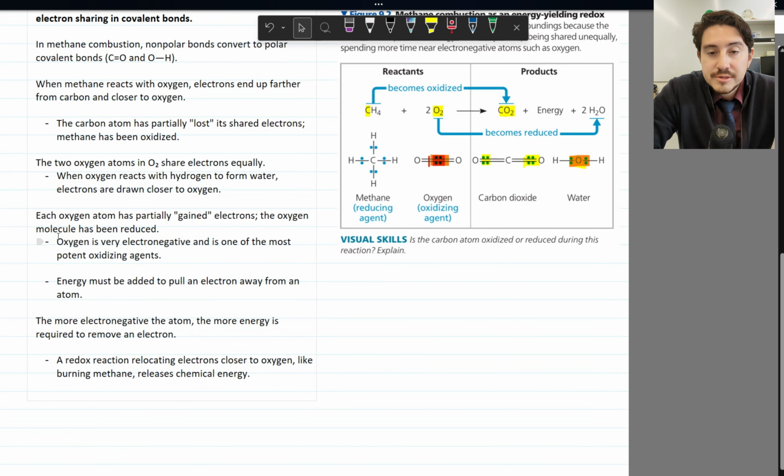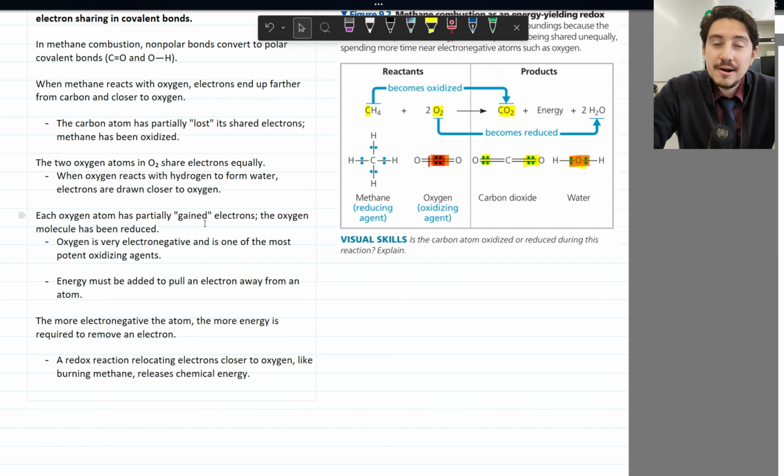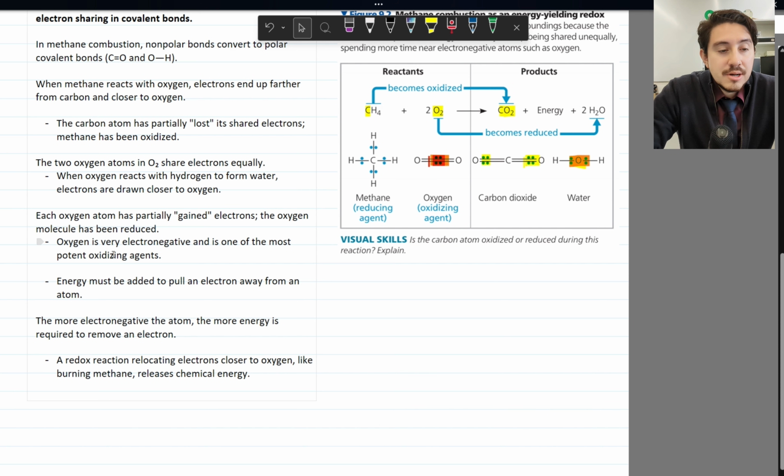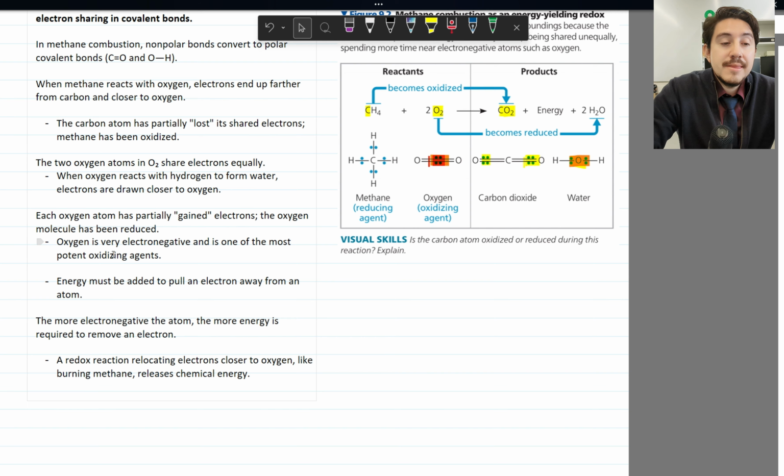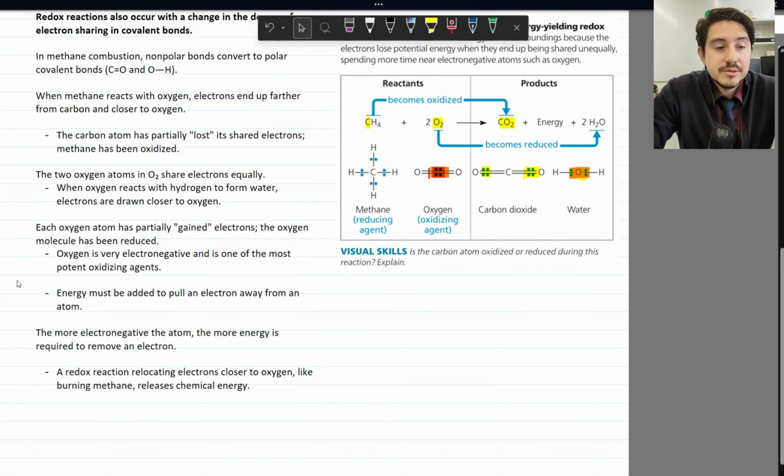So you have these two situations occurring. Each oxygen atom has partially gained electrons. Thus, the oxygen has been reduced. Oxygen, as we know, is very electronegative and is one of the strongest oxidizing agents because it pulls electrons towards itself. So it's become reduced.